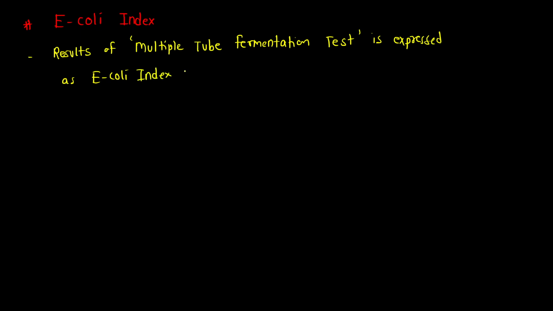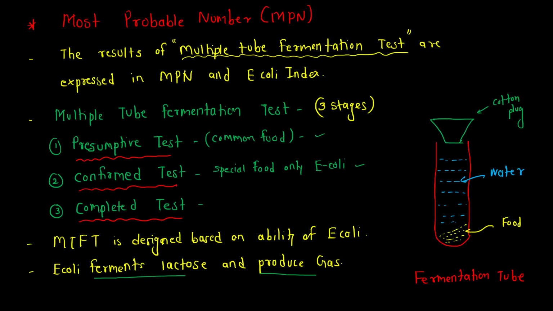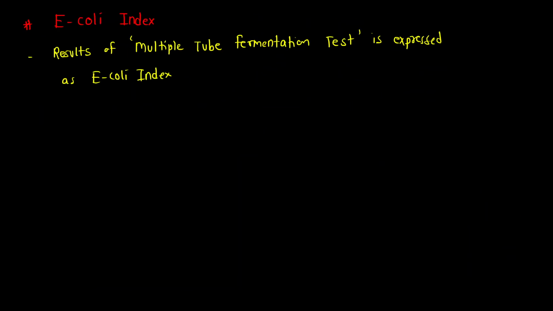See, in the previous video we have seen this multiple tube fermentation test. We have also written in the first point that the results of this test are expressed either in MPN or E. coli index. So MPN we have seen in the previous video. Now we are going to see E. coli index.